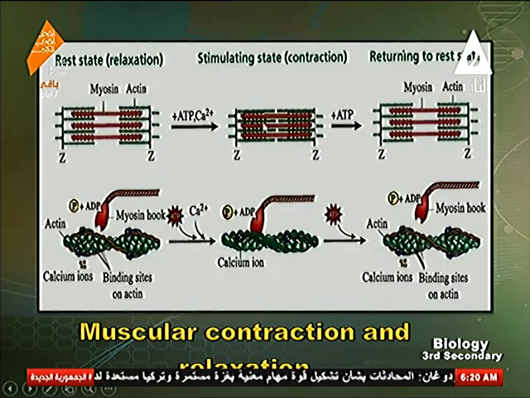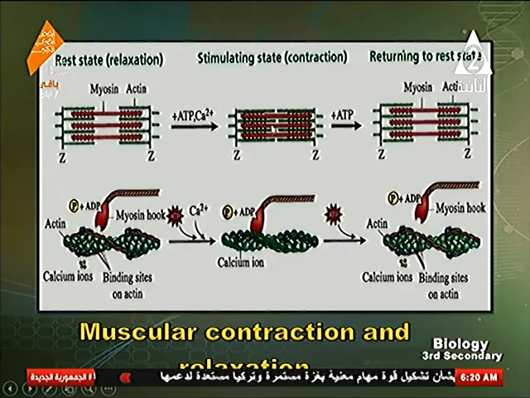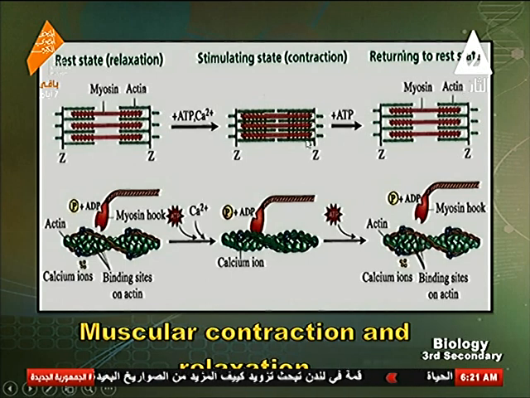This is the stimulation, contraction, depolarized, and this one is returning to the rest state, meaning repolarization. Okay. As you see here, the length of the myofibril decreases in contraction. The protein filaments forming the muscle fiber slide over each other, causing contraction or shrinkage of the muscle.